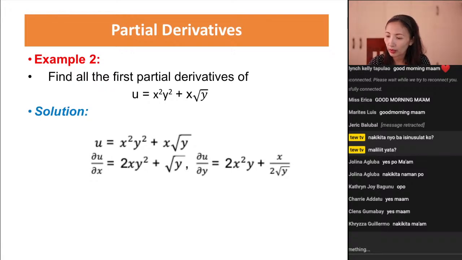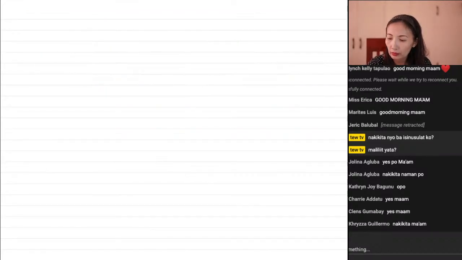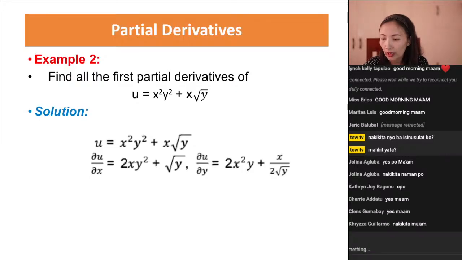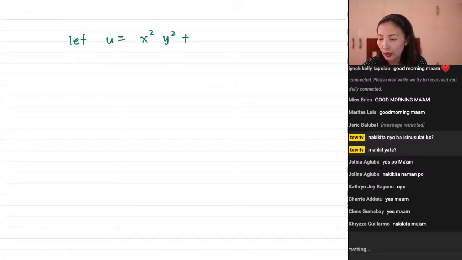Let u be equal to x squared y squared plus x square root of y.